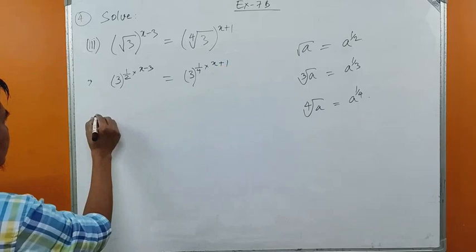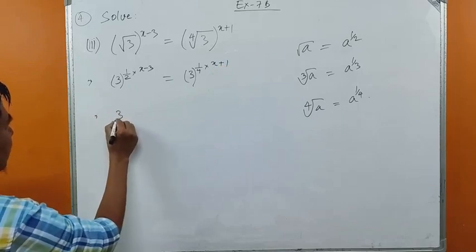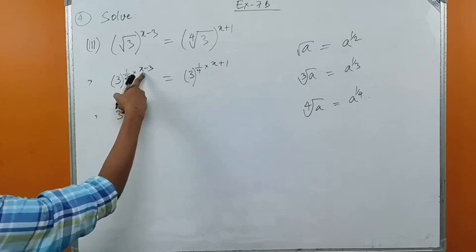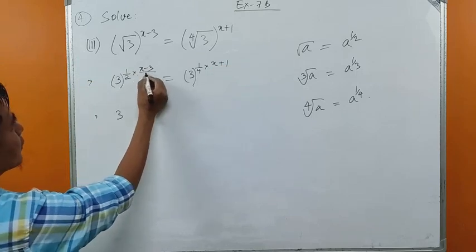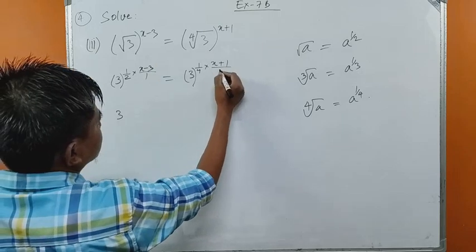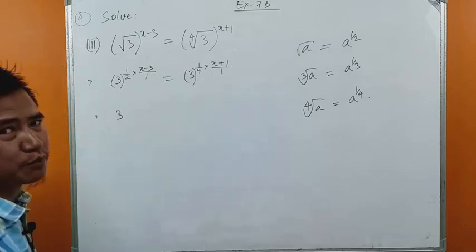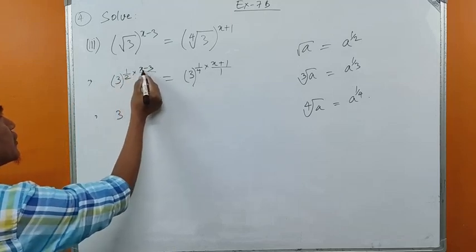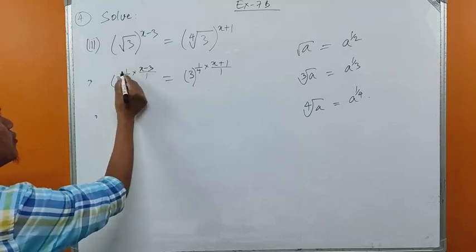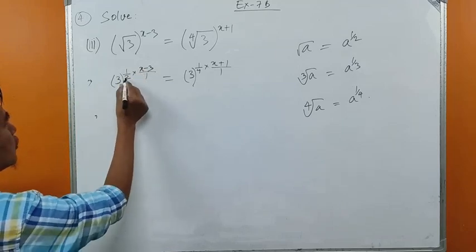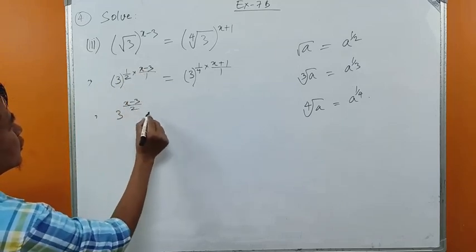Okay, so now, this 1 is in the numerator and this number is also in the numerator. Because there is no number in the denominator, we should understand there is 1. Same thing applies here. There is 1 in the denominator of x plus 1. So 1 into x minus 3. We must multiply the numbers in the numerators. 1 into x minus 3 upon 2 into 1, 2 is in the denominator.